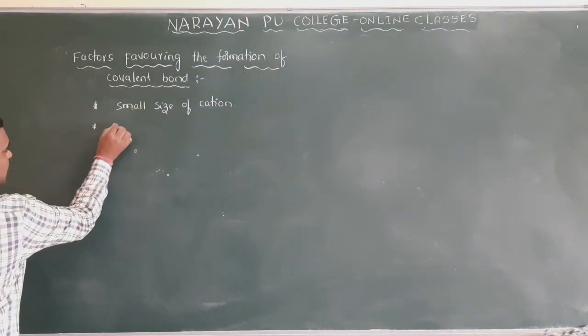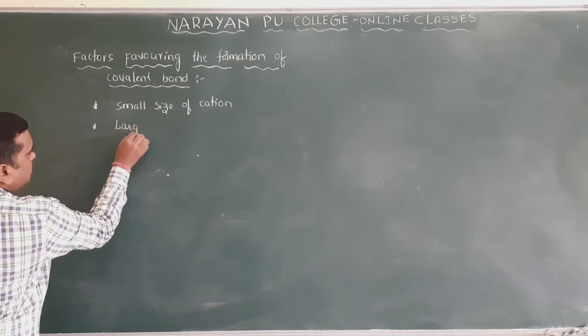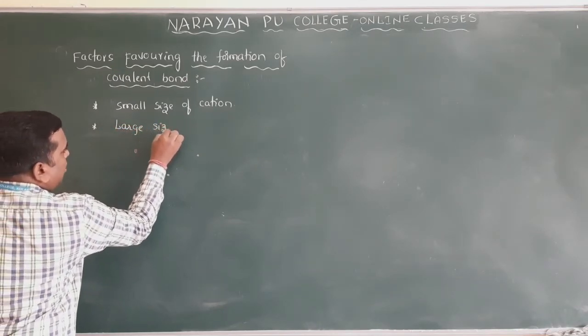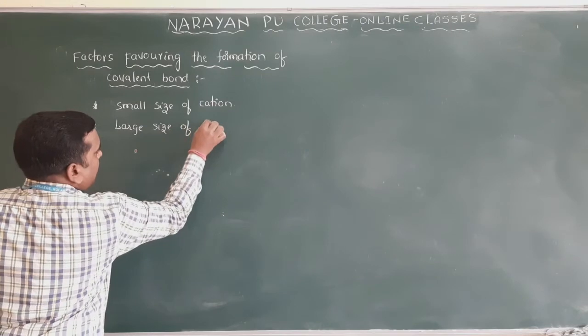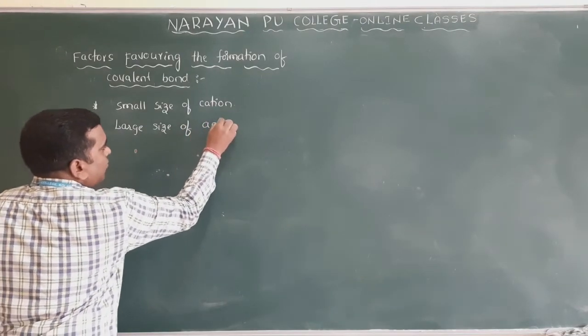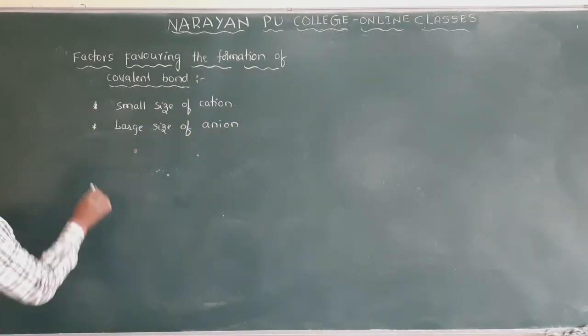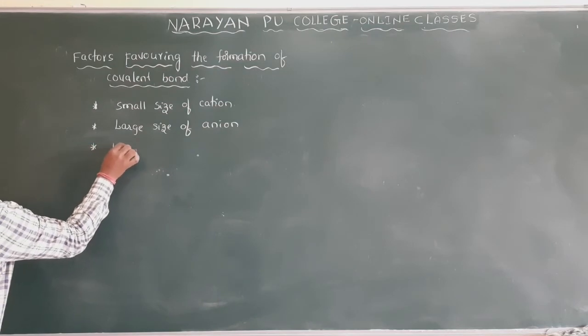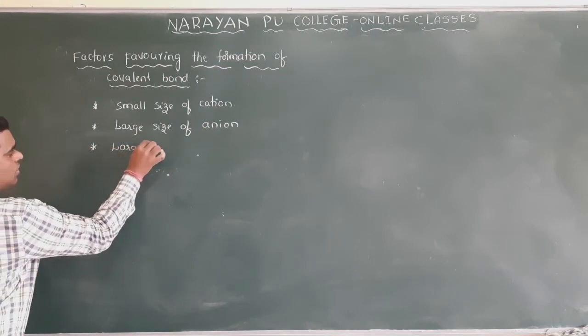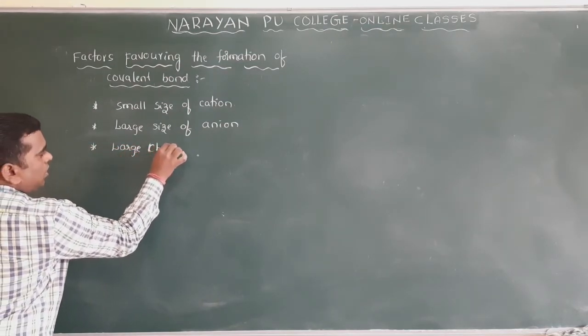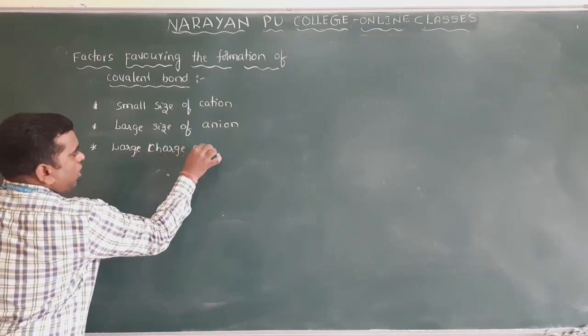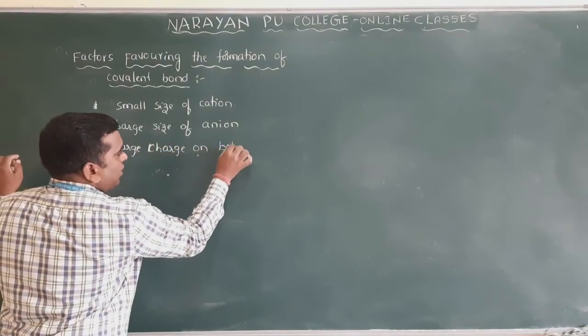And the next one is large size of anion, which also favors the covalent bond. And the third one, large charge on both cation and anion.